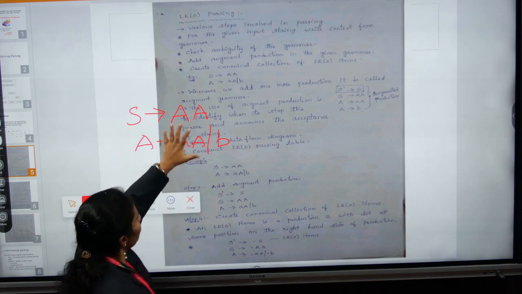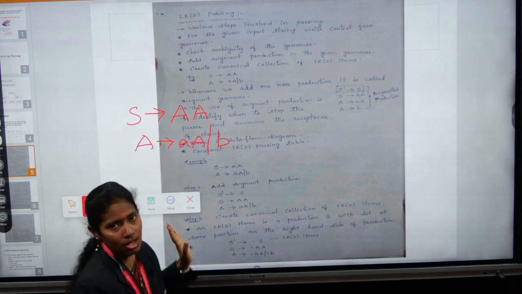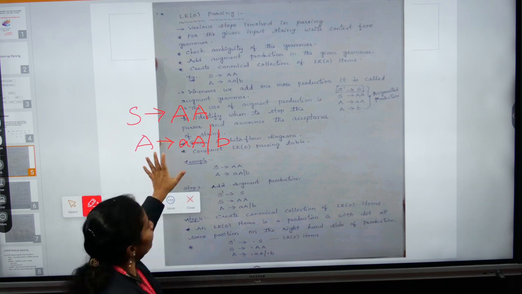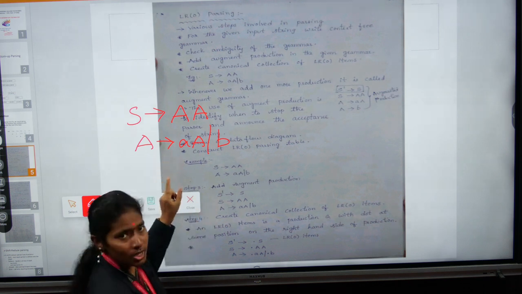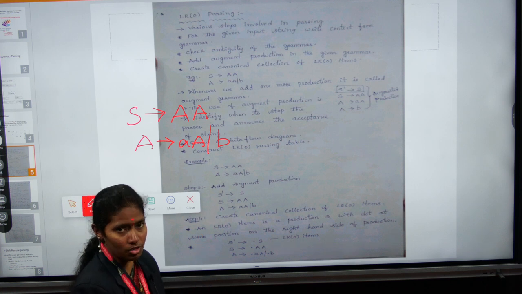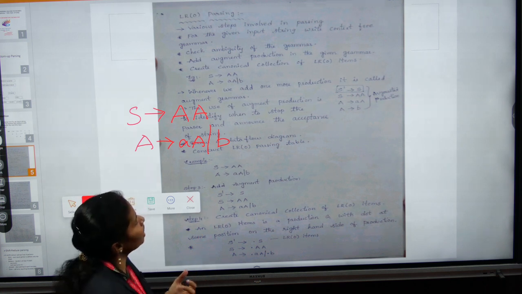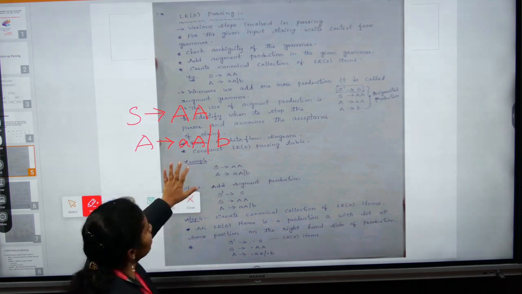The given example consists of terminals as well as non-terminals, so we can consider this grammar as context-free. So the first step is satisfied.